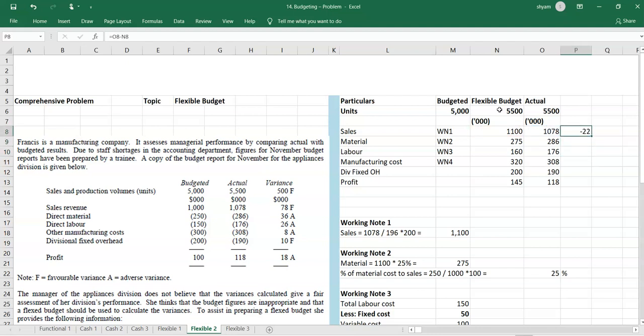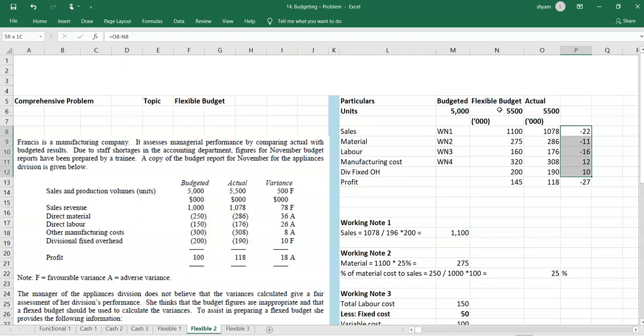See all the other. So there's also one profit element. So this profit should have been 145. It's only 118. So that's a difference of 27. For costs, it should have been 275 and it has been 286. Again, that's a bad thing. Bad. And finally, this alone is a good one.